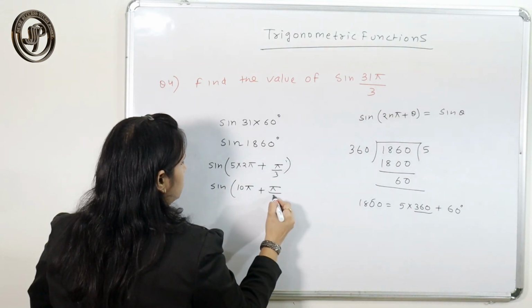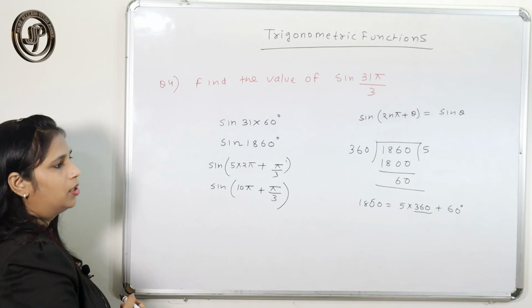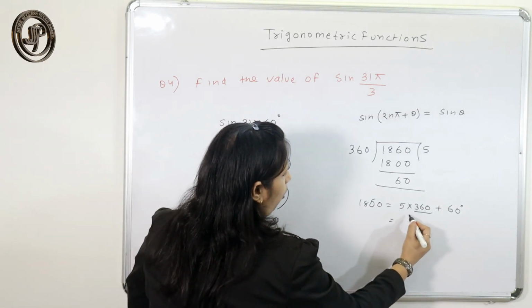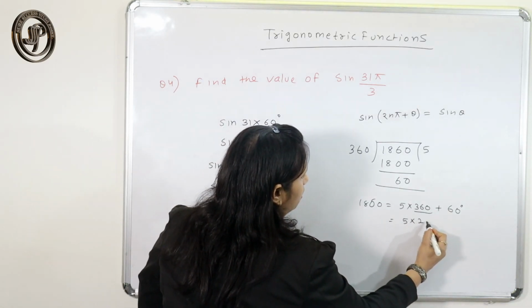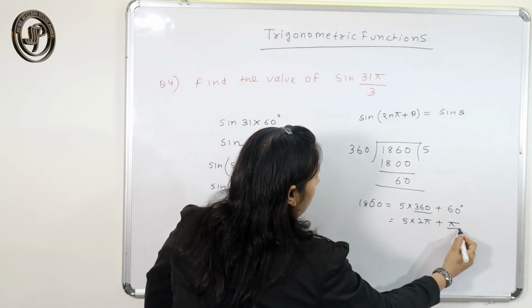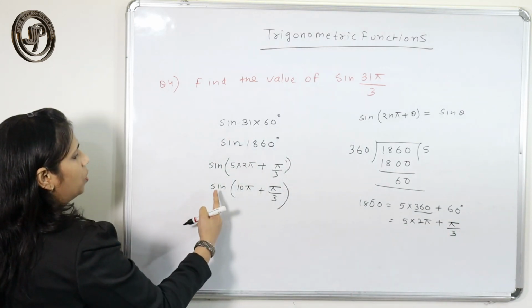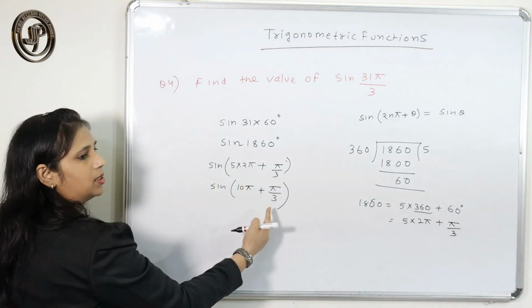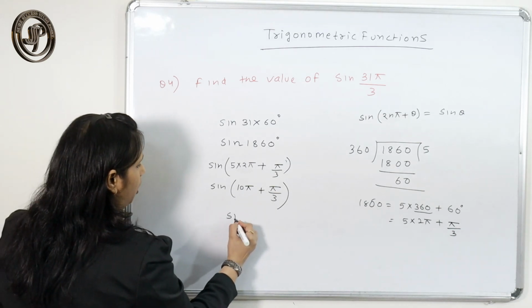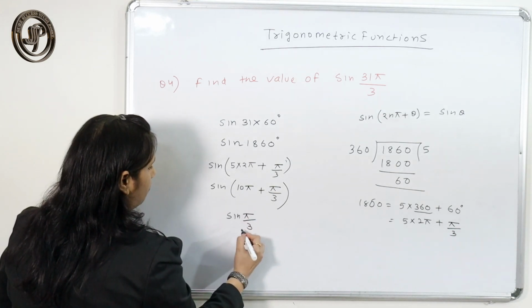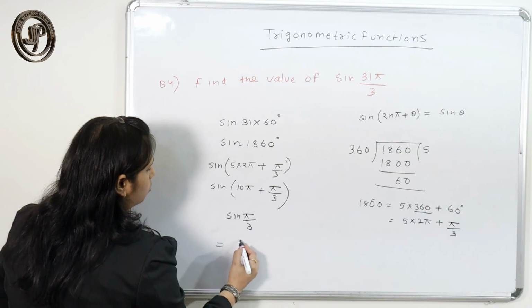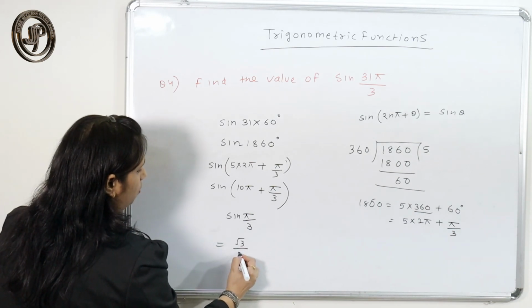So 10 pi plus pi by 3. Okay, so here I have converted all of them and written it as 10 pi plus pi by 3. Now we know that sine 10 pi plus theta is sine theta only. So you can write this as sine pi by 3, which is equal to how much? Root 3 upon 2.